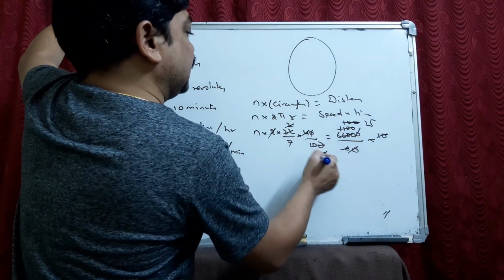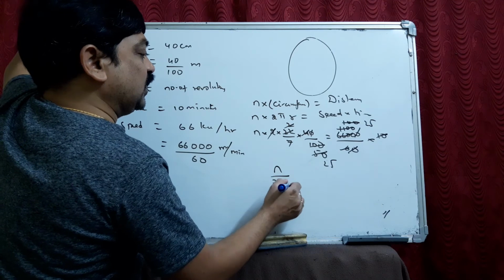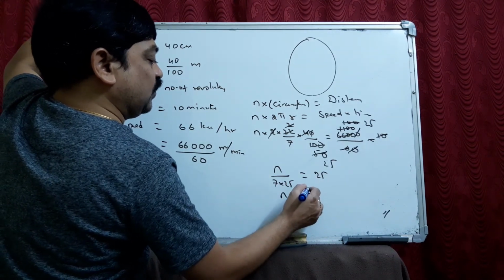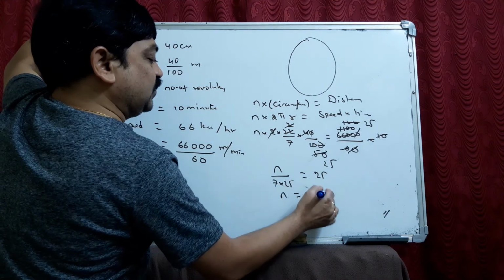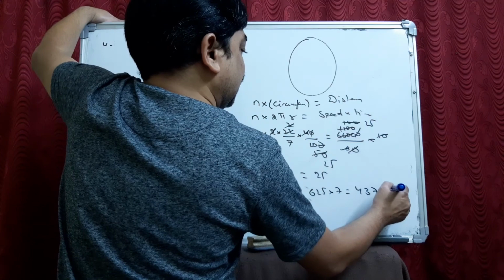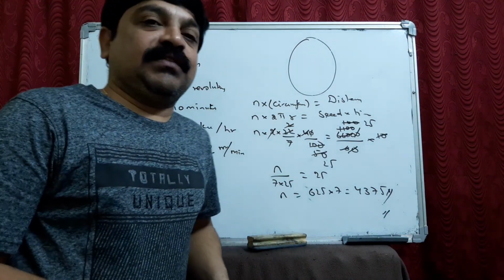And 2 again cancels this 25 times. So what is left? n by 7 into 25 is equal to 25. So n equals 625 into 7, that equals 4375 revolutions. So how many revolutions does it require? 4375. Okay.